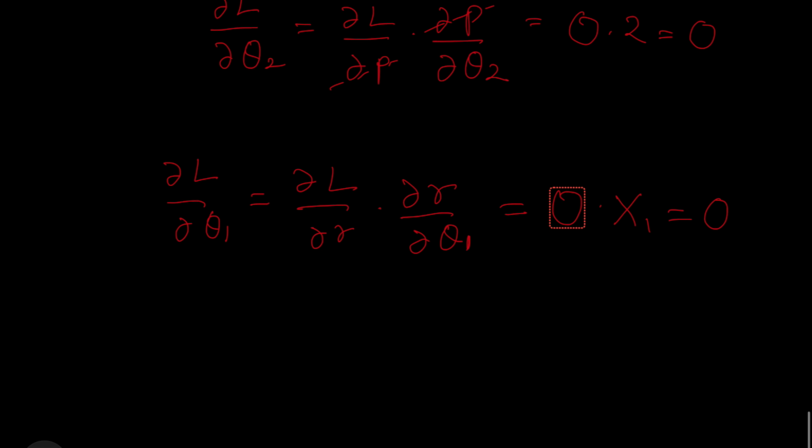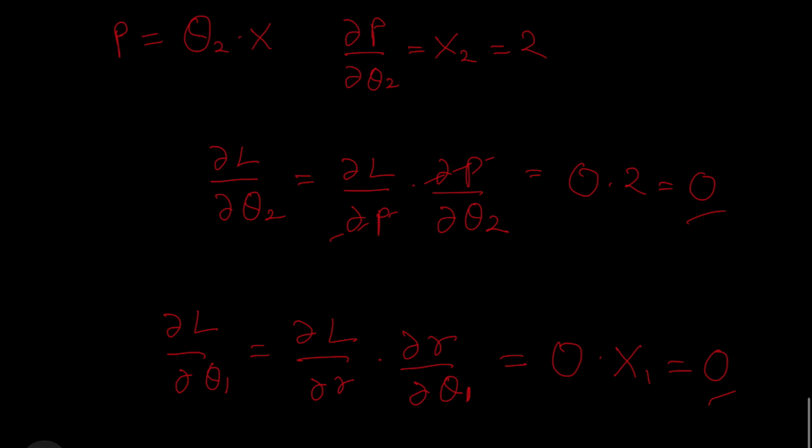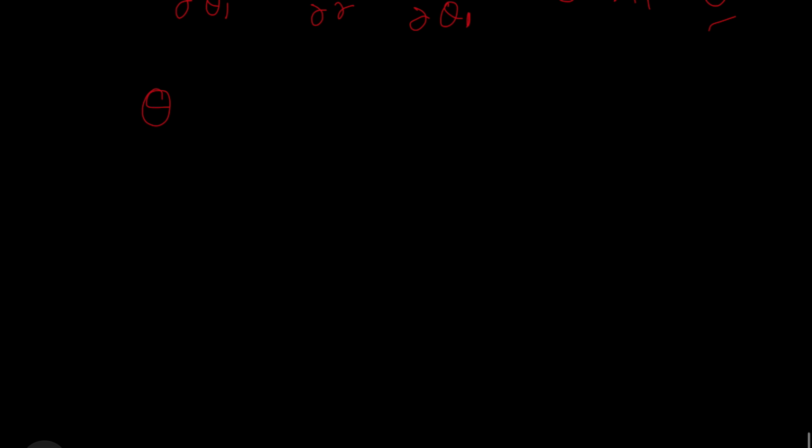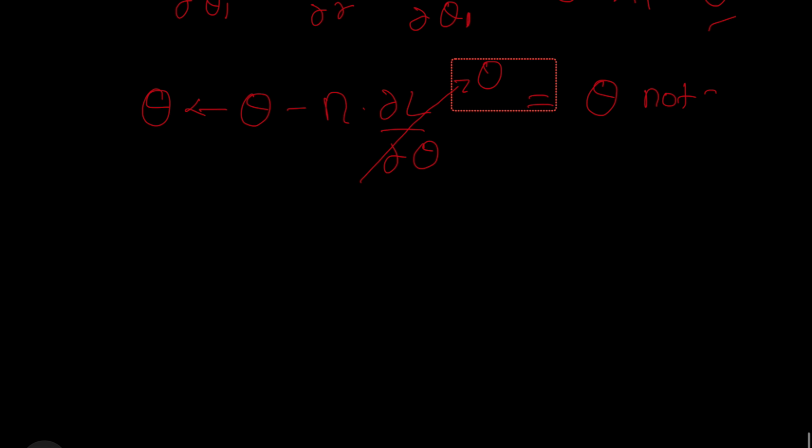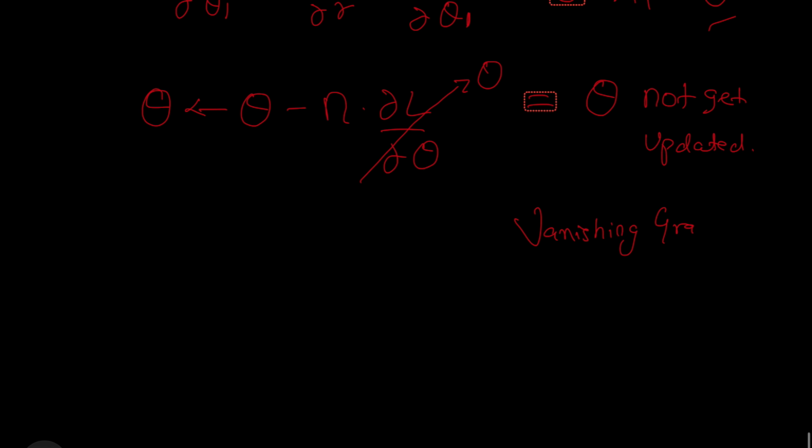Now this is a very interesting case. If you see here, the gradient of every parameter is 0. So when I do theta equals theta minus eta times del L over del theta, this is actually 0, hence your theta will not get updated. And when this problem happens, it's called vanishing gradient, where we don't have enough gradient value to update our parameters.